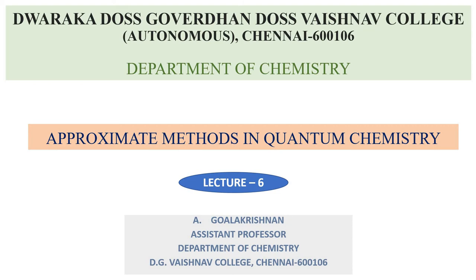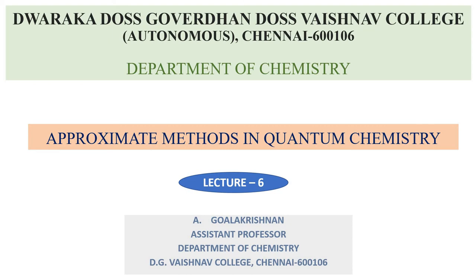In the last lecture I discussed a few applications of the variation method in some simple systems. I discussed how to apply the variation method to the hydrogen atom, and to the particle in a 1D box problem.